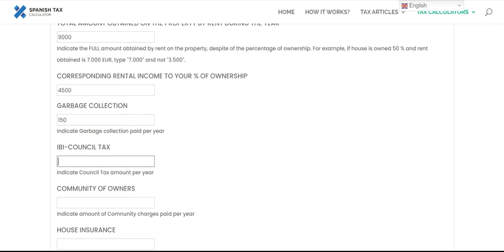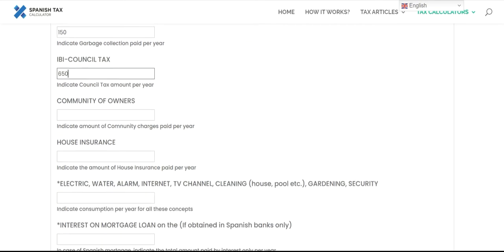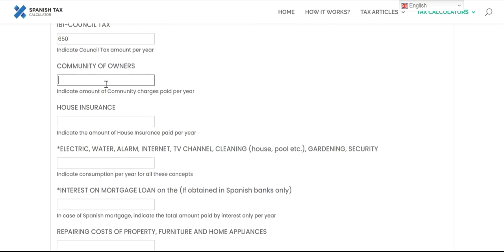So, if the bill for this year has been the full amount is 650, you have paid community of owners 1,200.